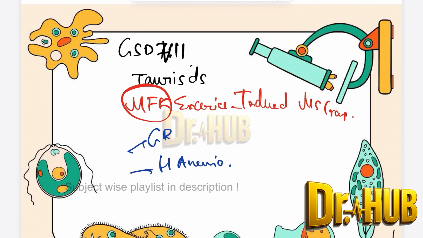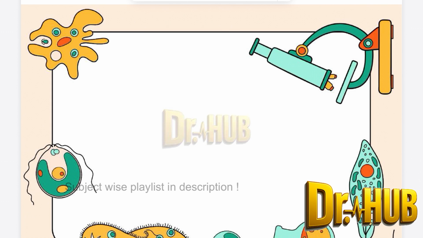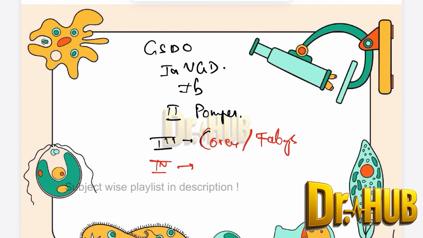So this was all about the GSDs. To recap the names: first we saw GSD0, next 1A, von Gierke's disease, then 1B, then 2, Pompe disease, then the third, Cori's disease.